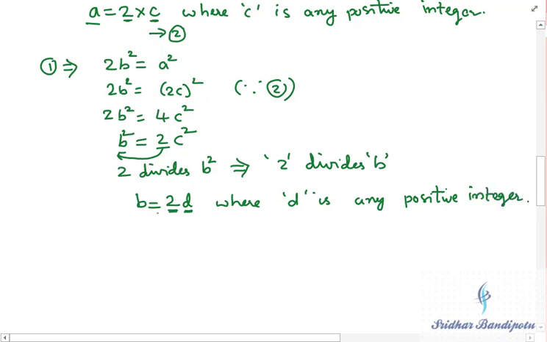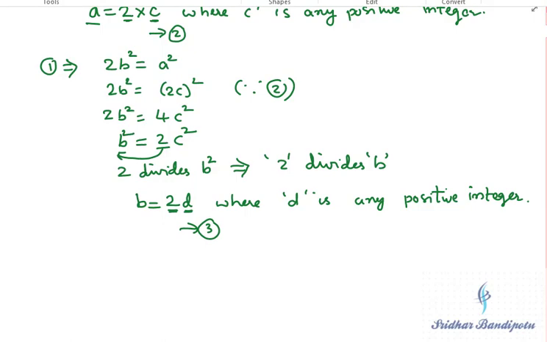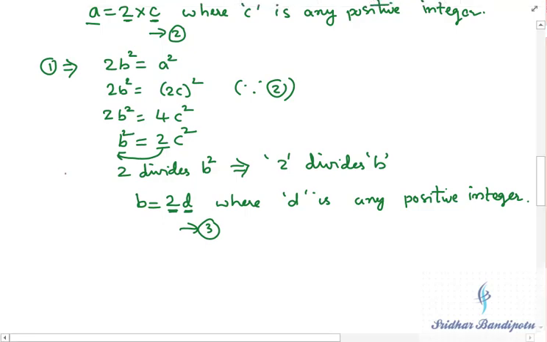Okay. Now let's take this as the third equation. Now observe carefully the second equation and third equation. From the second equation a value is 2c. From the third equation b value is 2d.